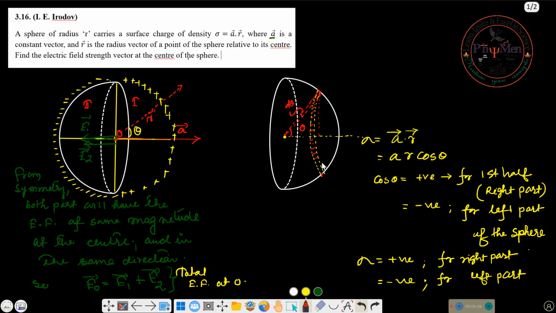I have drawn an elemental ring of radius, suppose, r. This was our r, and this is our theta. Then this portion will become r d theta.